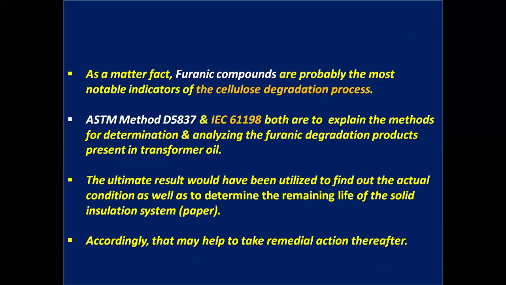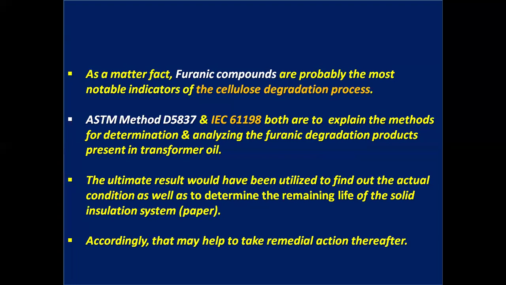ASTM method D5837 and IEC 61198 both explain the methods for determining and analyzing the furanic degradation products present in transformer oil.